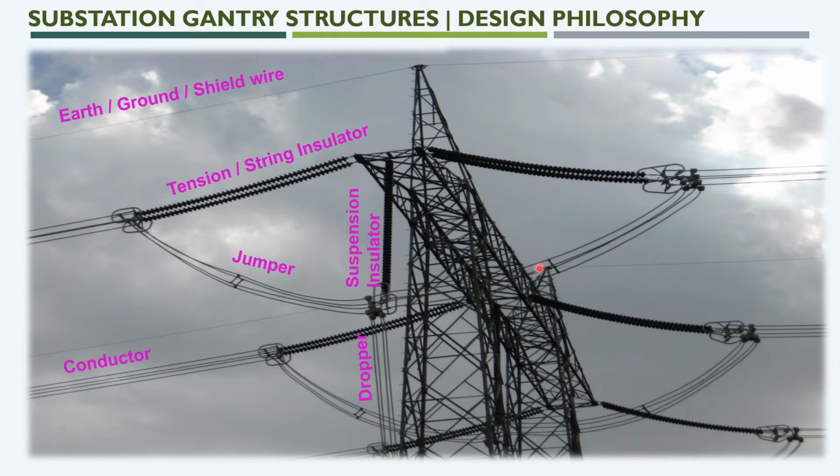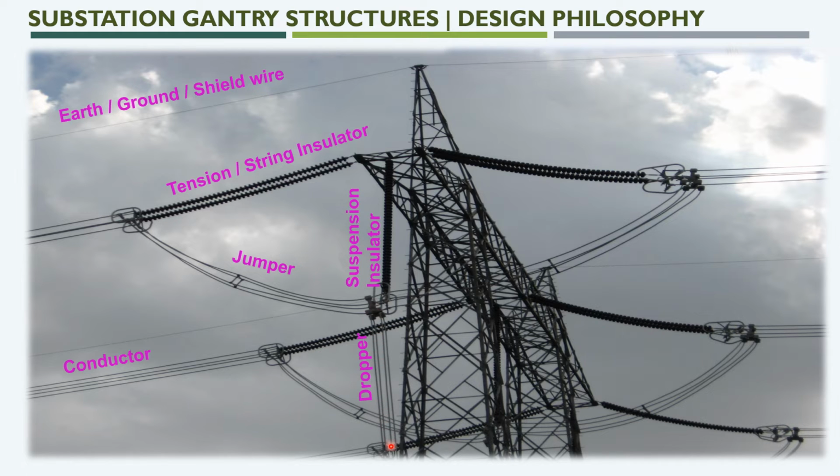This component is the jumper, which is connecting the in and out conductor using a suspension insulator. So these are the conductors. This is the line in conductor, and this is the line out conductor. You can say this is the input from the transmission line, and this is the substation side.